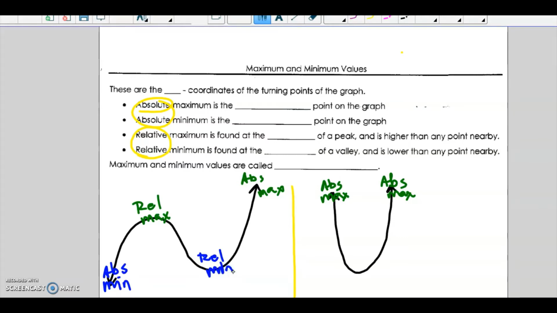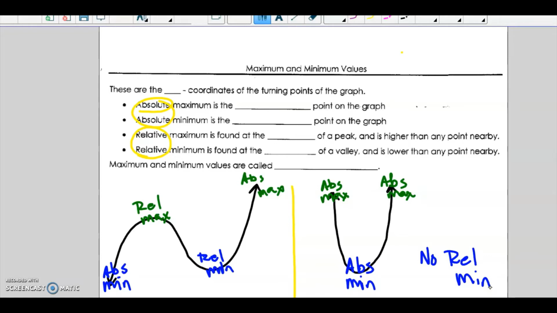And on the right-hand side, there is no point lower than this one right here, so this becomes an absolute minimum. And there is no relative minimum. So this graph on the right doesn't have a relative minimum, but it does have an absolute minimum.